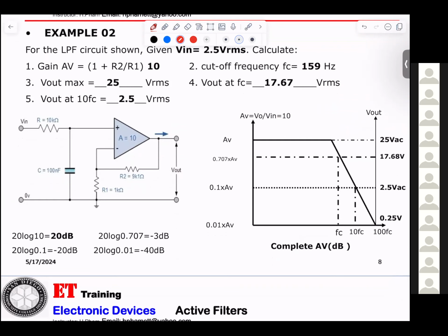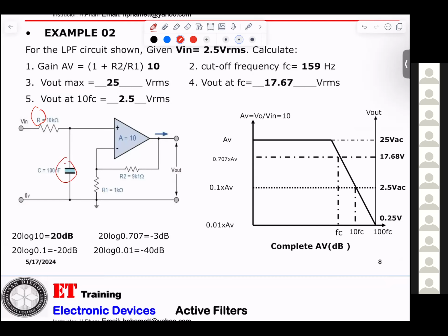Okay, now this one. I'm just going to explain it to you. I'm not going into detail. You do it. This is a low pass filter. You get R here, C here.